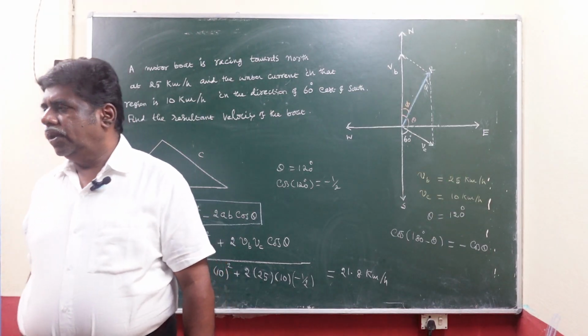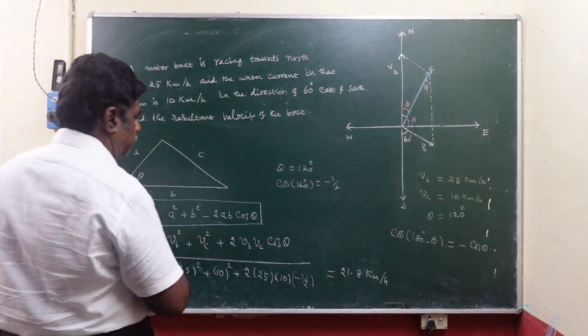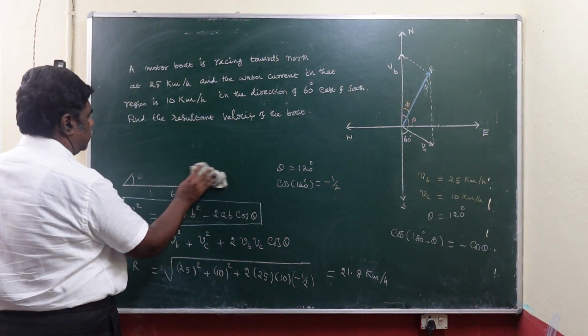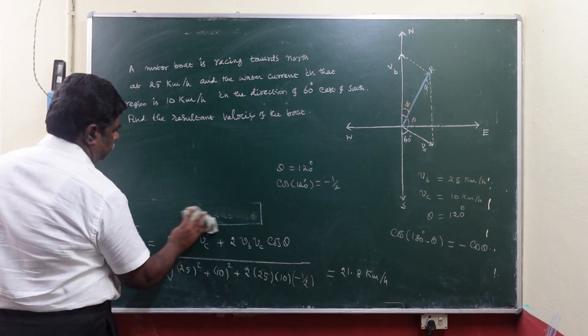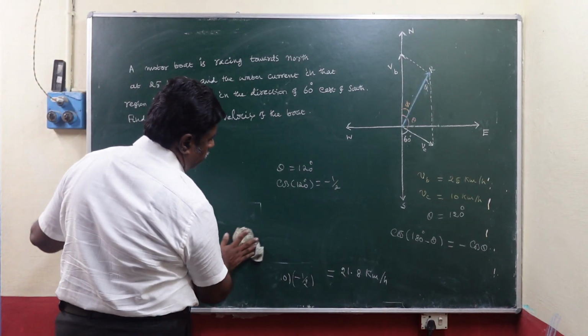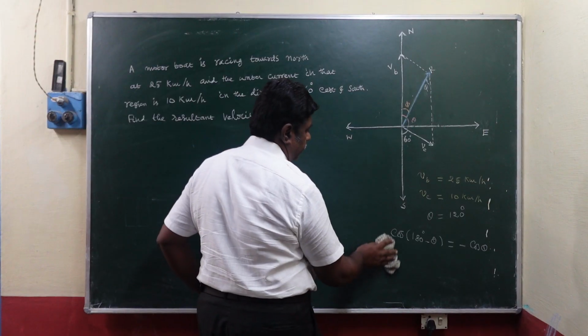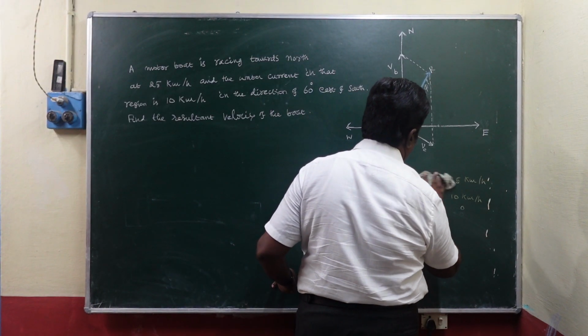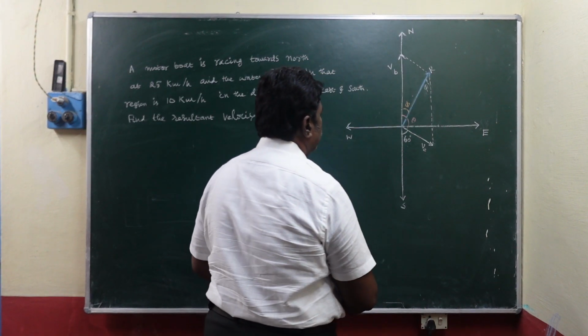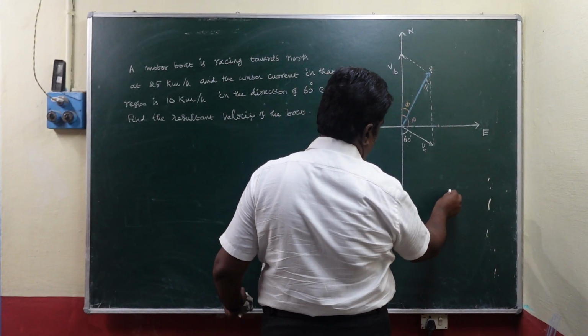Now we have to find out the direction of the boat. For that, we have to use the sine rule. To apply the sine rule, we have to consider a triangle present inside the parallelogram. See here, consider this triangle.